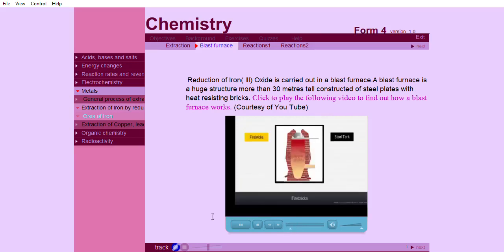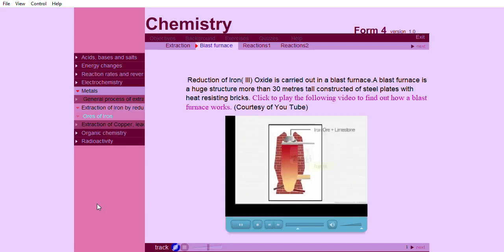It is a gigantic steel tank which is internally lined by fire bricks that are resistant to temperatures of up to 2000 degrees Celsius. While extracting iron, its ore, along with limestone and a reducing agent, namely coke, are placed inside the topmost part of the furnace.